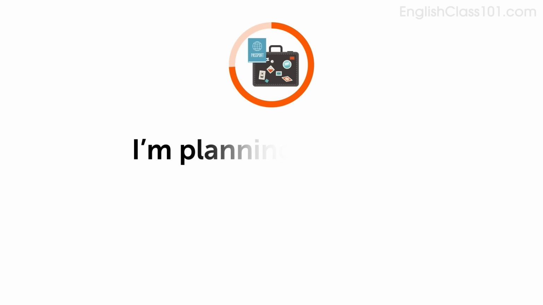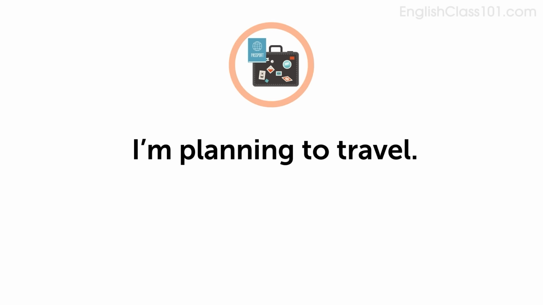Say, I'm planning to travel. I'm planning to travel. Now, answer the question saying you're planning to travel. What are you doing for 4th of July? I'm planning to travel.